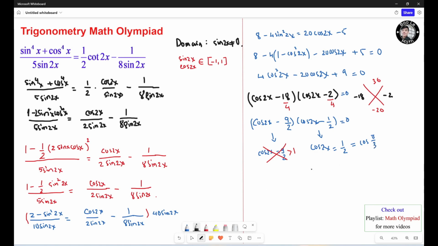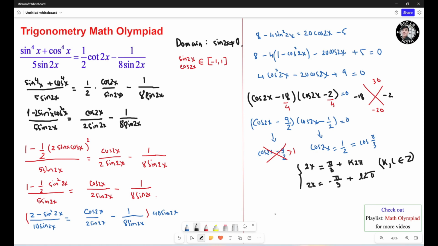So 2x = pi/3 + k2pi, and 2x = -pi/3 + l2pi, where k and l are integers.